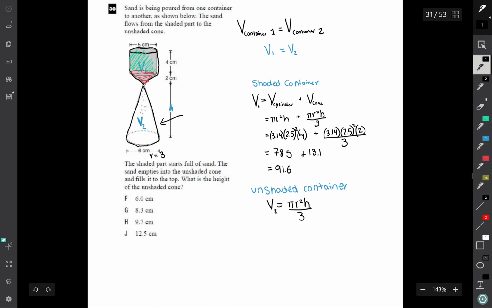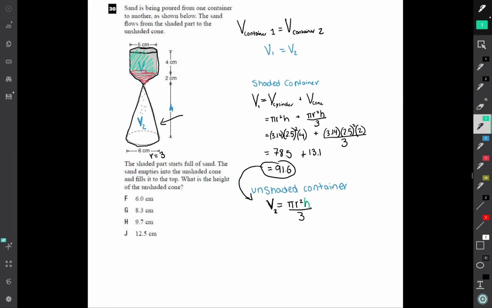We know that this volume 2 is actually identical to volume 1, so we actually know what volume 2 is. So I'm going to rearrange this equation and isolate for h. H is what we don't know, and it's what we're trying to find.